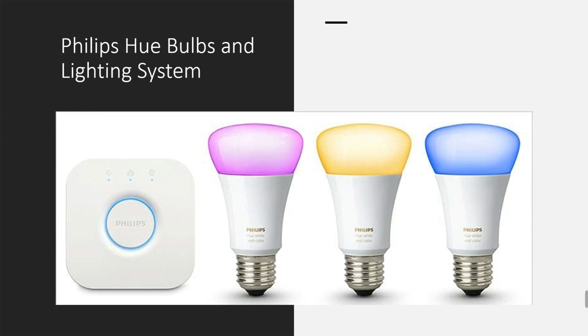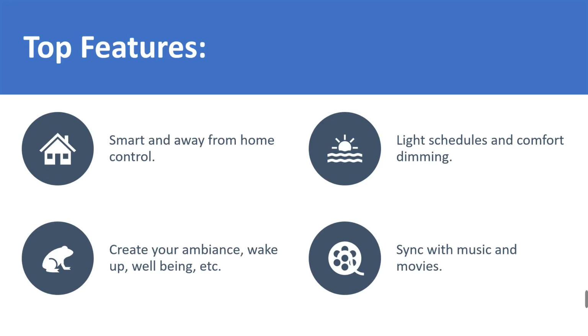Next smart appliance in the same category is the Philips Hue bulbs and lighting system. They are smart and offer away-from-home control, meaning you can control these lights remotely. You can schedule the lights, you can change the comfort level, you can dim the lights.